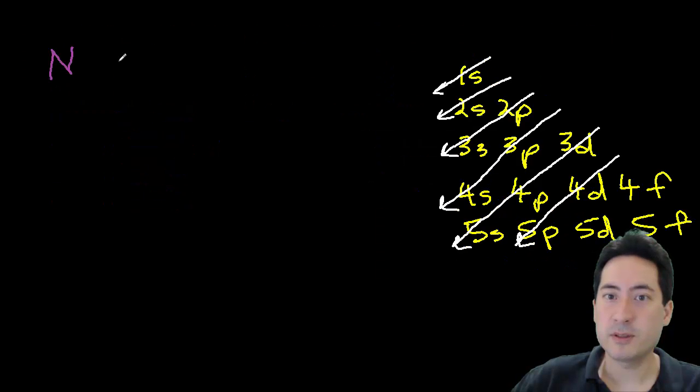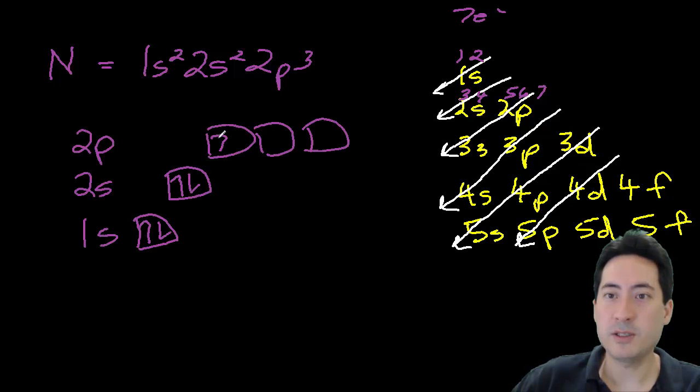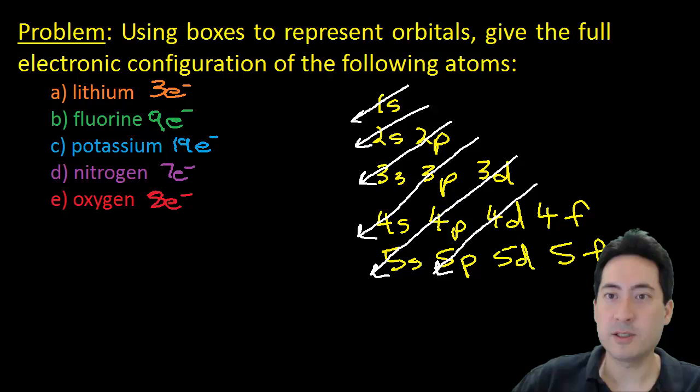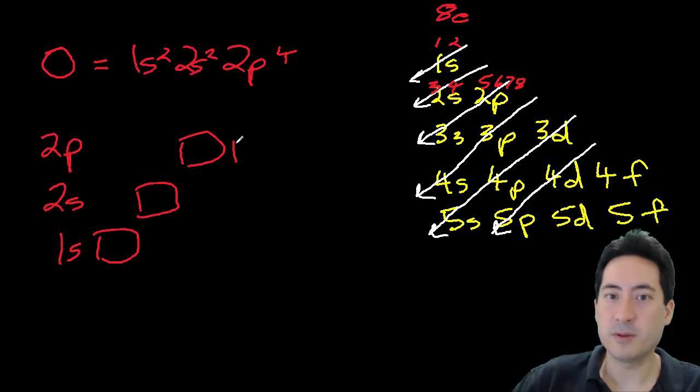Nitrogen, 7 electrons, count them up: 1s2, 2s2, 2p3, put 1 in each, so the 2p's will only have 1 electron in each. And oxygen, count off up to 8 electrons, that's 1s2, 2s2, 2p4, and so the very fourth electron goes back into the first 2px orbital.